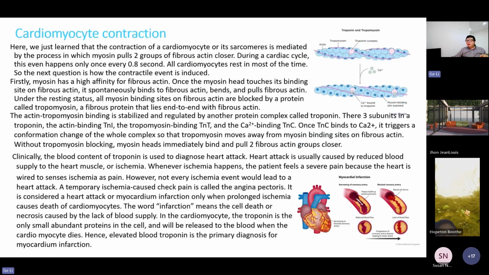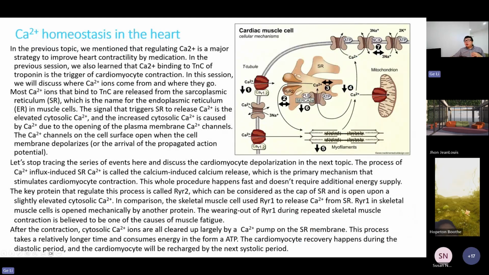That's one thing. Another thing is here. When the channels are open, a large number of calcium ions are released into the cytoplasm. For the cardiomyocytes to contract in a rhythm, after one contraction you need to reduce the calcium ion concentration in the cytoplasm very rapidly.